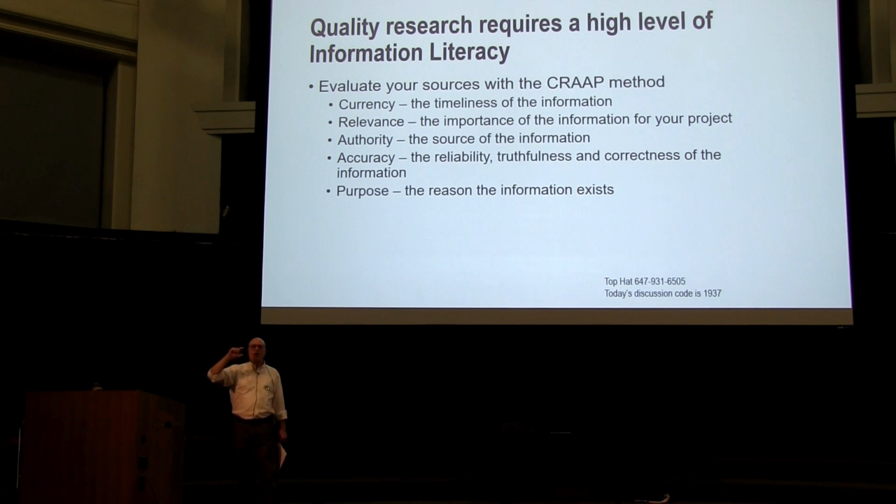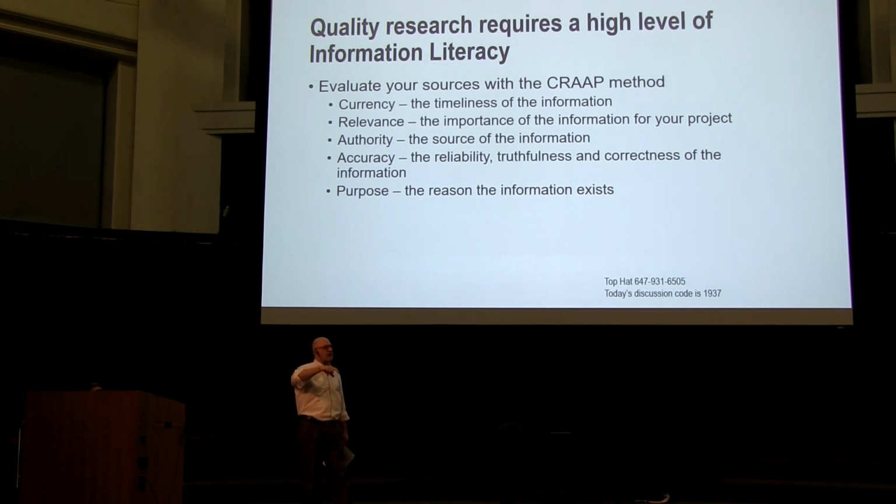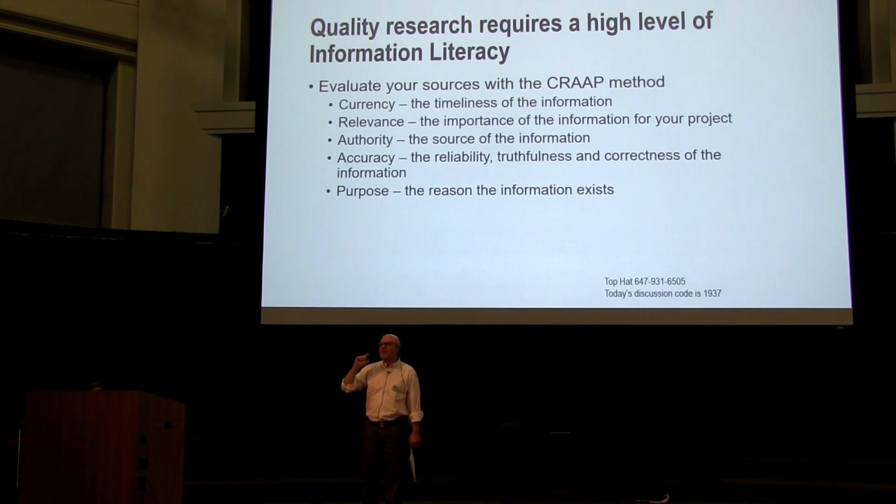So, a car manufacturer, an automobile manufacturer, is highly authoritative in relation to the specifications of the automobile. They are not authoritative in terms of the performance of the automobile. Volkswagen can be trusted to tell you that they have installed an emission control device.